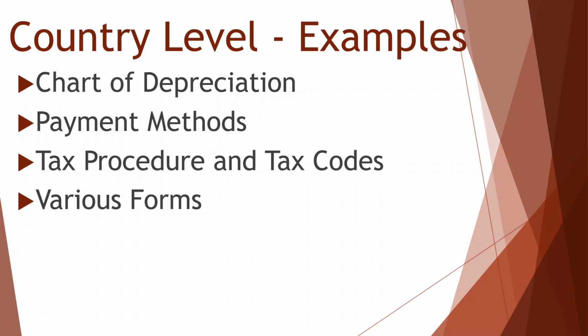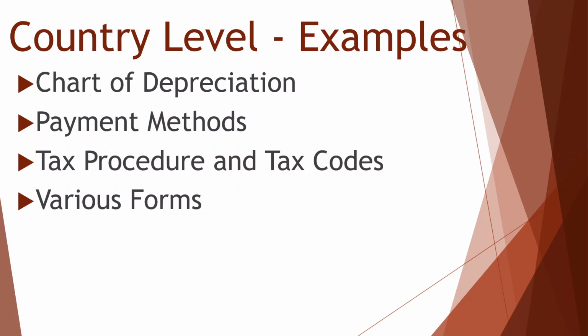It is pretty much consistent in nature, and that is why I have written that these are all defined at the country level, not at the company code level. The only condition is it should be within the same industry. If there are two company codes of the same company but in different industries, in that case it can have some differences. But otherwise it is one and the same, and it is defined at the country level.